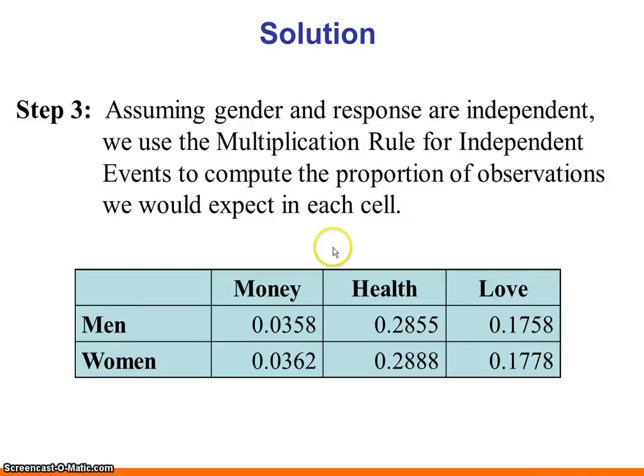Then, assuming gender and response are independent, we'll use the multiplication rule for independent events to compute the proportion of observations we would expect in each cell. So in this case you would obtain these values, these proportions.